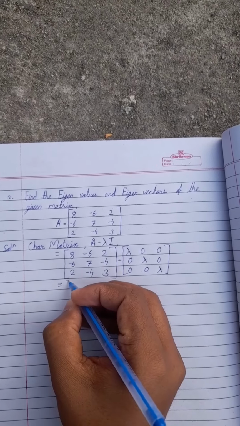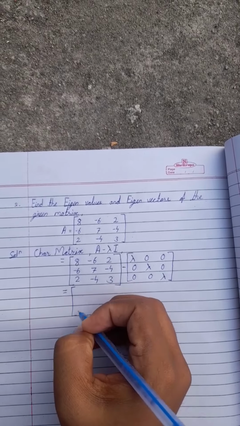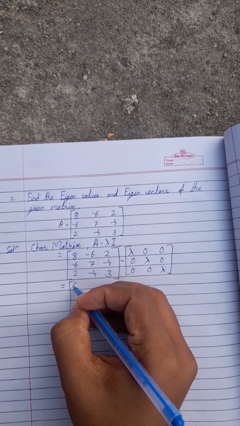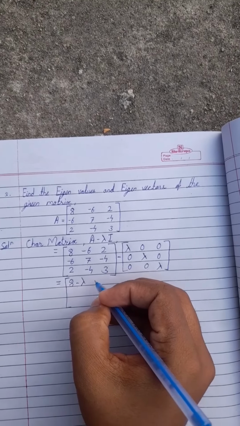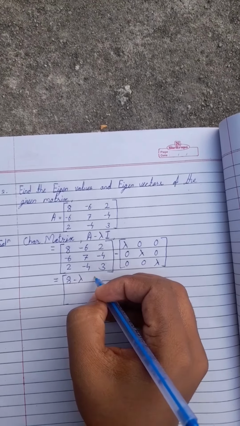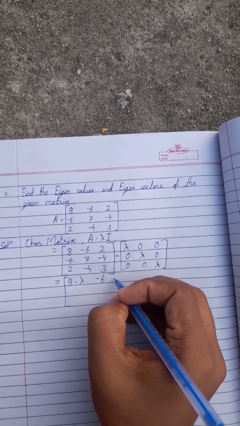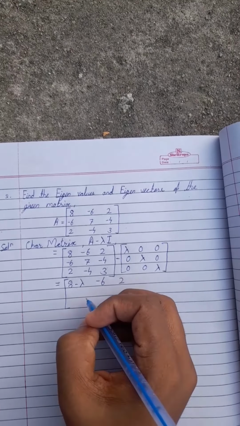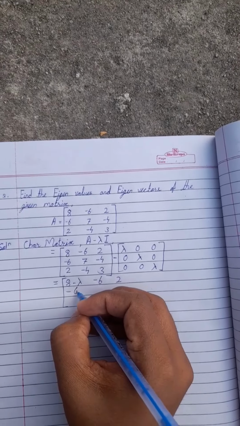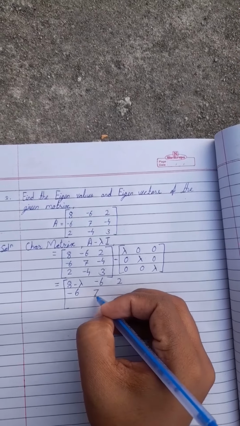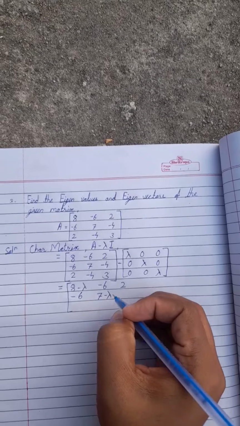Let us solve it. It becomes 8 minus lambda, minus 6 remains as it is, 2 remains as it is, minus 6, 7 minus lambda.